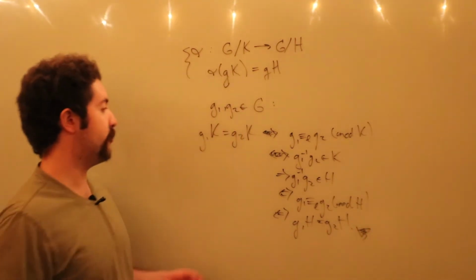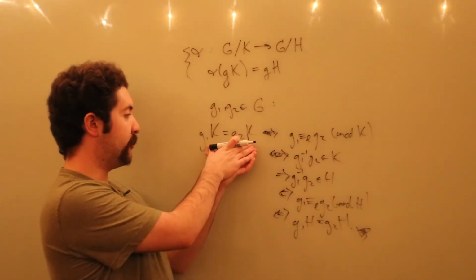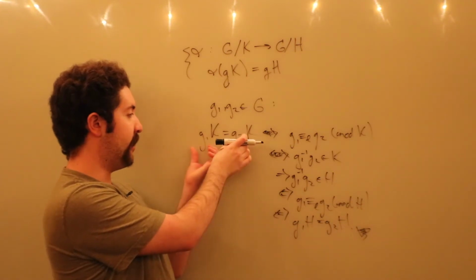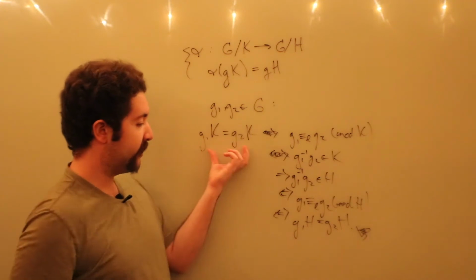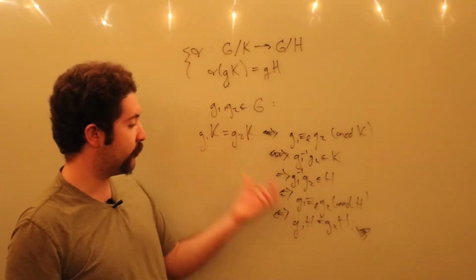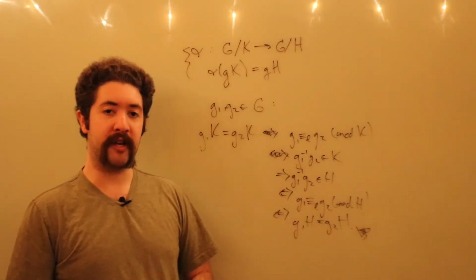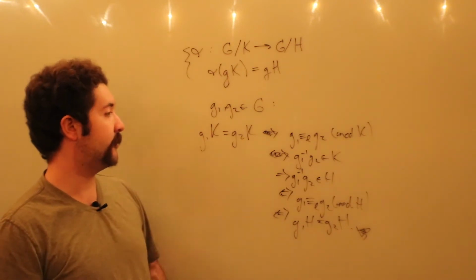So it is indeed true that this one coset being generated by two elements does not matter, because these two being equal implies that these two are equal, and so our function is single valued.